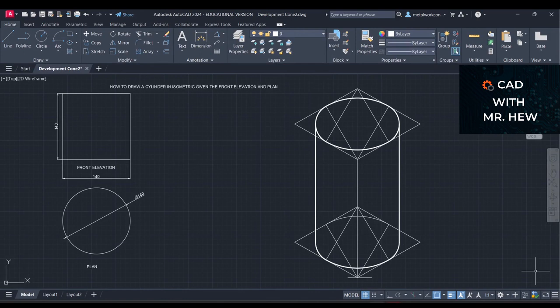So here we have our completed isometric drawing of our cylinder. Did you manage to get yours completely done, neatly and accurately? If you did, good job, splendid. So in today's video, we drew the cylinder in isometric projection.